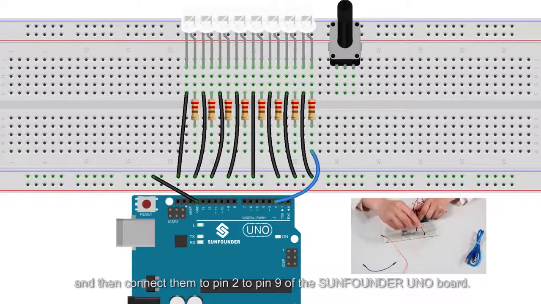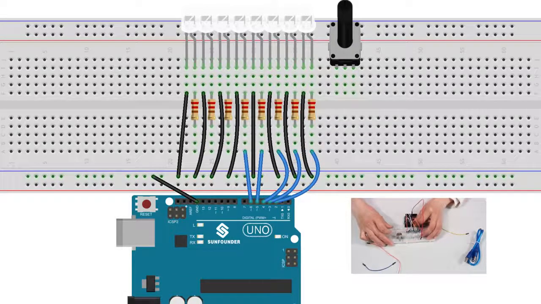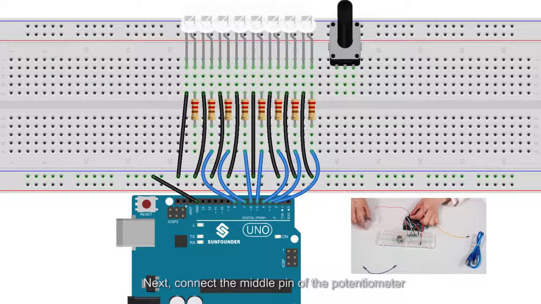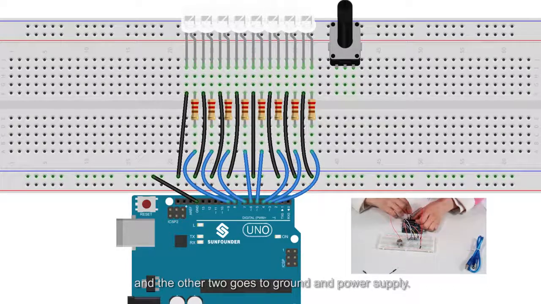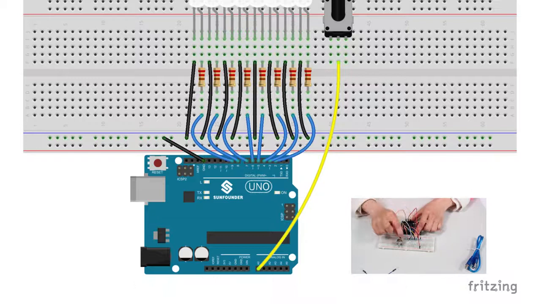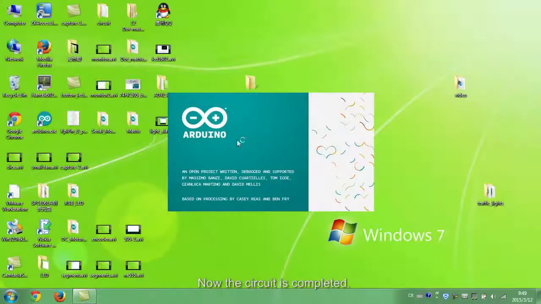And then connect them to pin 2 to pin 9 of the SunFounder Uno board. Next, connect the middle pin of the potentiometer to pin A0 of the SunFounder Uno R3 board, and the other two go to ground and power supply. Now the circuit is completed.